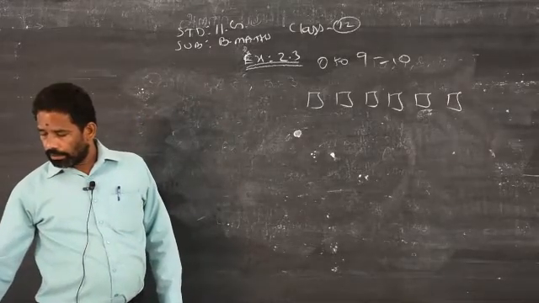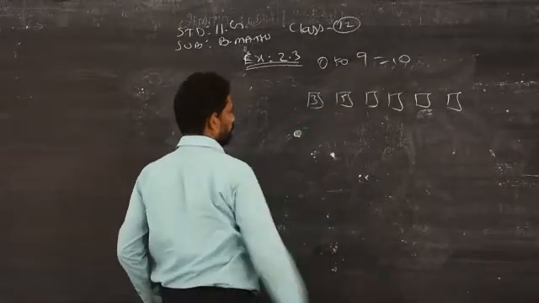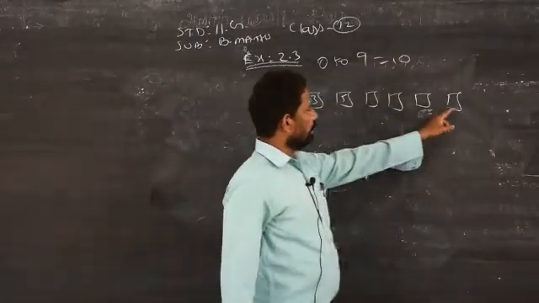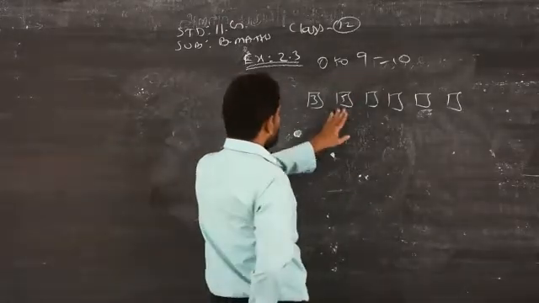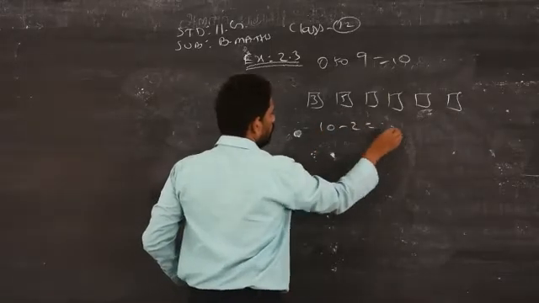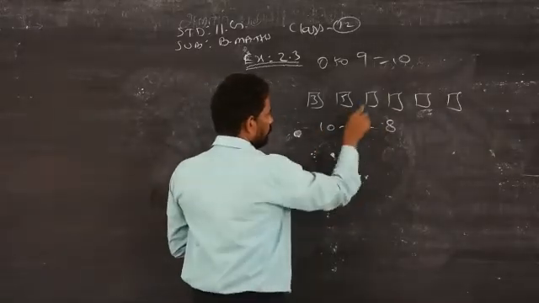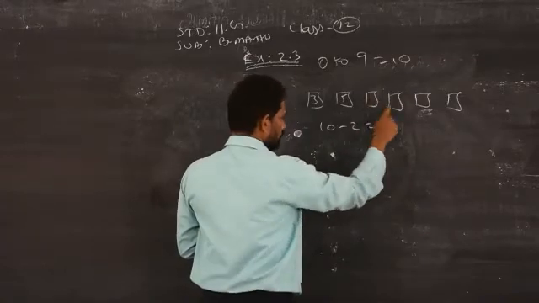But the telephone number always starts with 35, so only these 4 digits can be filled from the rest. Already 2 numbers are gone out of 10, so 10 minus 2 is 8. So out of 8 numbers can occupy this digit. So 8.